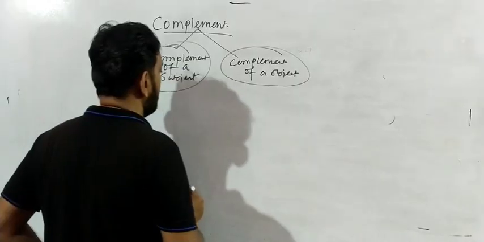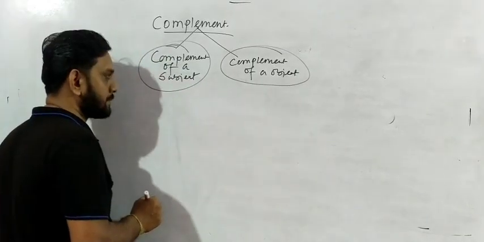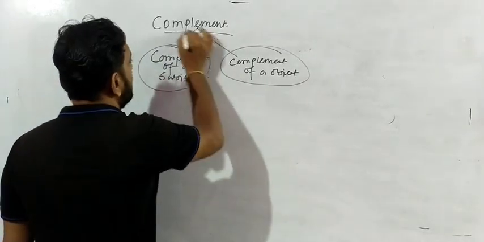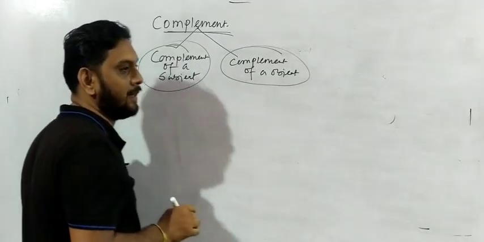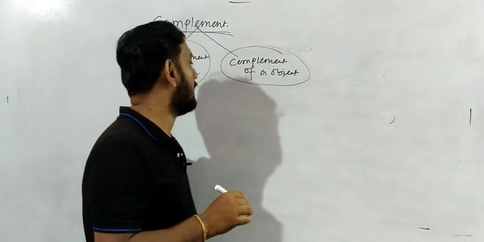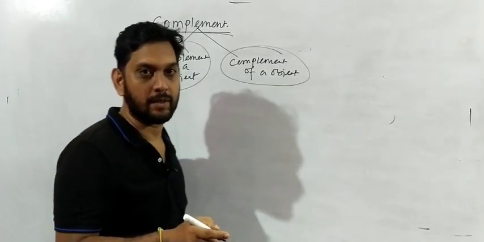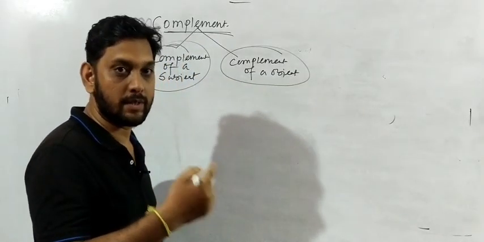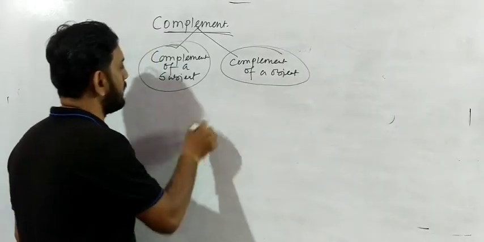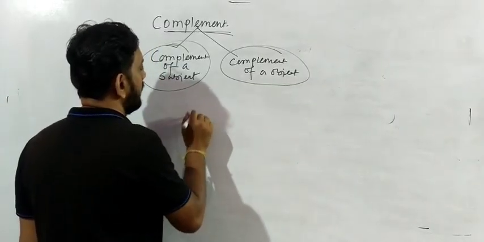So now let me write an example over here. What is complement? Complement always tells us about the state of the subject. What does it mean? First of all, I have to write a sentence.